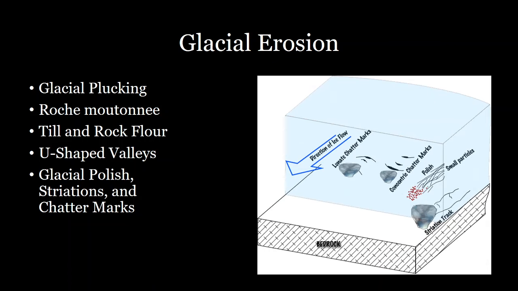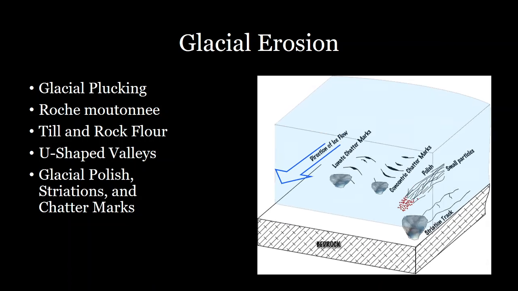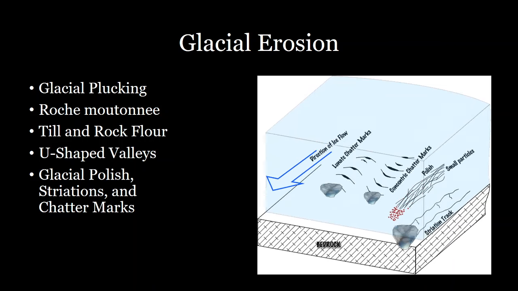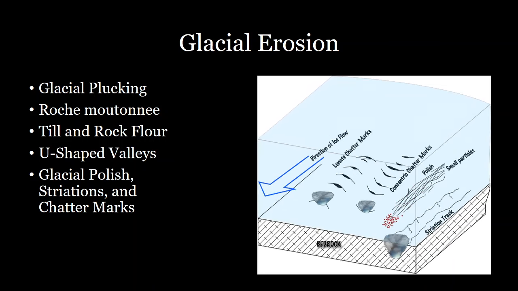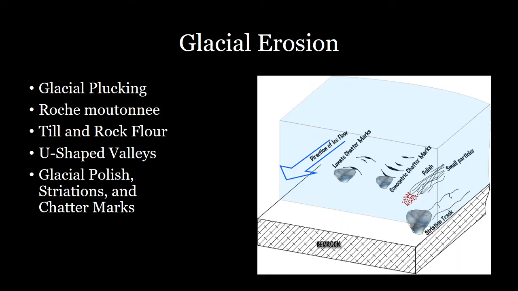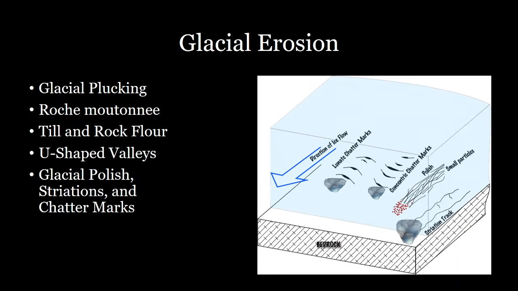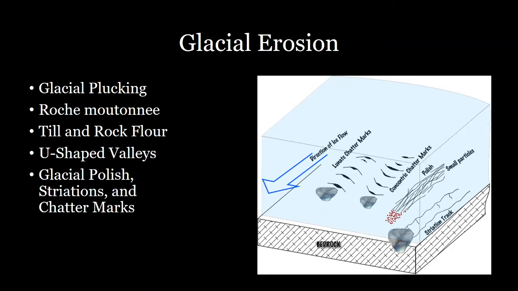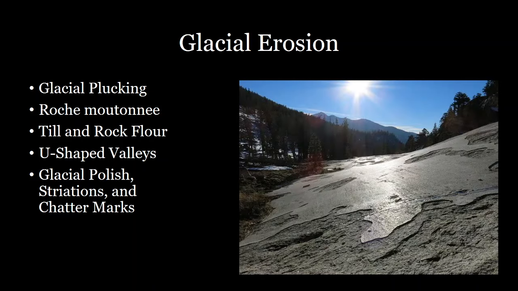Additionally, glaciers can pick up a lot of rocks and sand along their bottoms, and as they scrape those rocks and sand along the bedrock, they can produce some interesting features. One of those features is glacial polish.